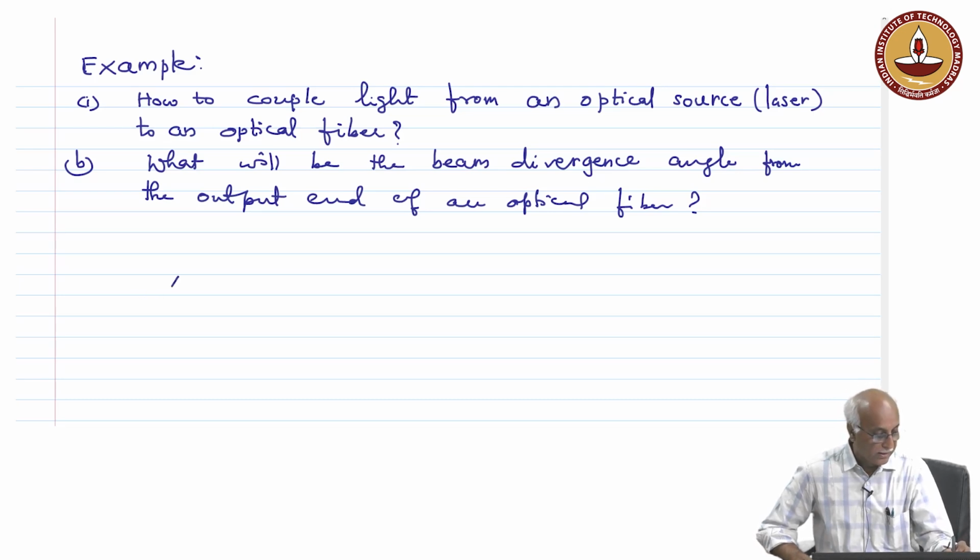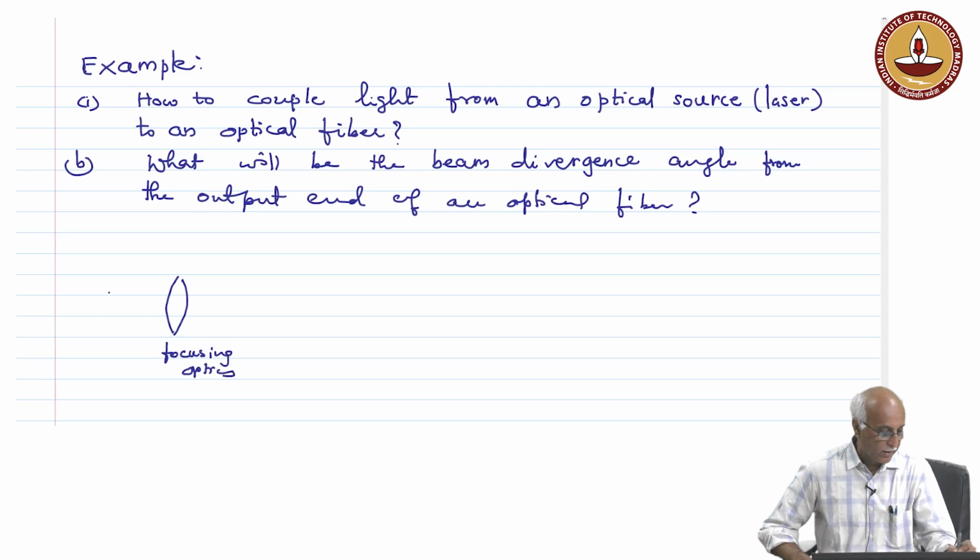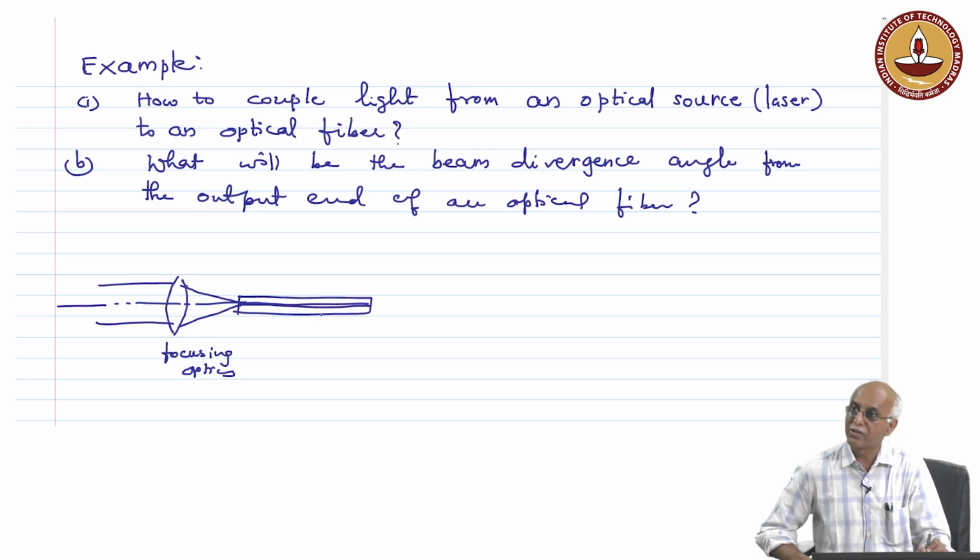What I mean is, let's say this is a focusing lens or a biconvex lens. So this is a focusing optics. Light is coming and gets focused, and this is coupled into the fiber. It is a core through which light gets transmitted, correct?